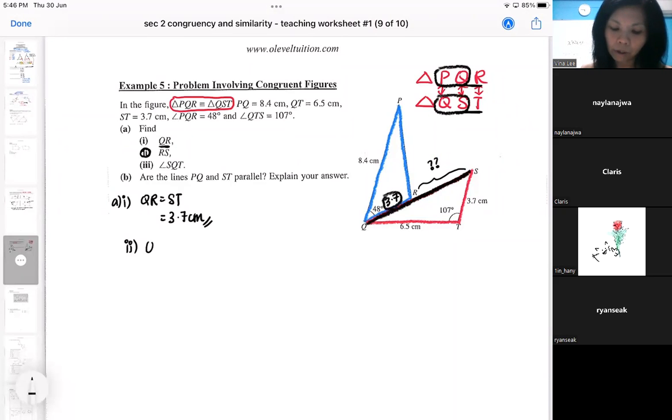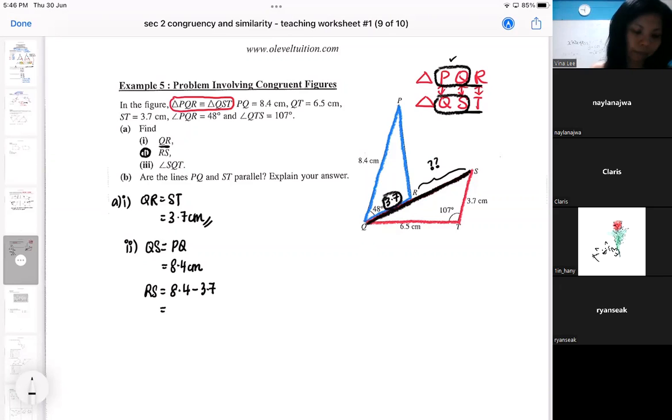So how am I going to get QS? I match to PQ. After that, my RS will be 8.4 minus 3.7. So that's it.